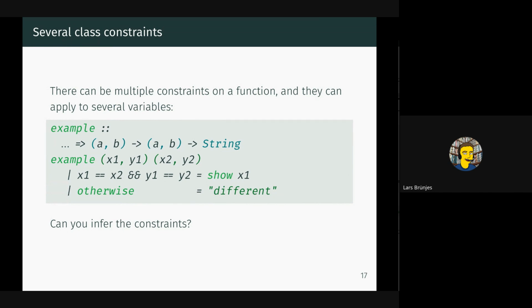At least one. What things am I using? I don't know anything about A and B, and I'm using stuff here that I can't use for all types. Does somebody have a suggestion what constraints I would need?